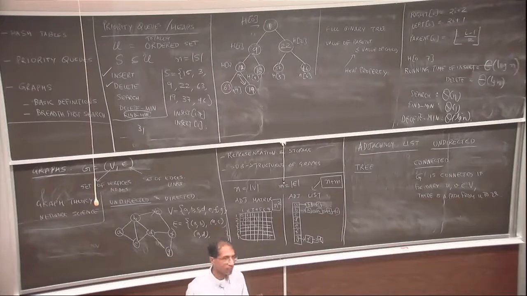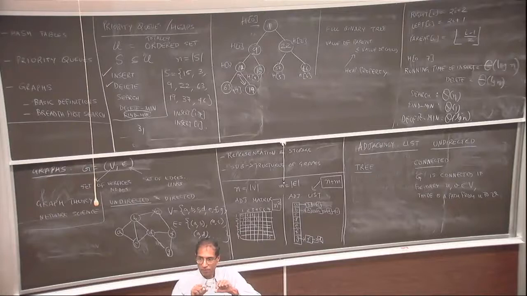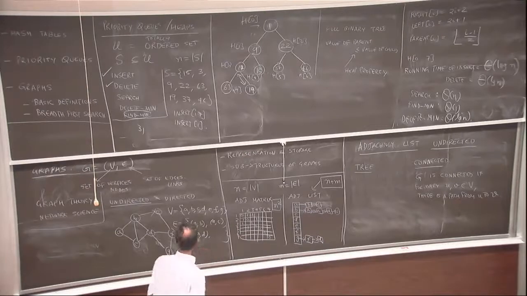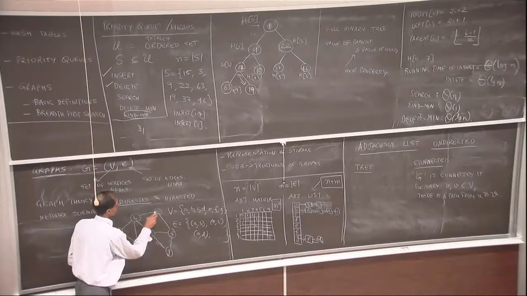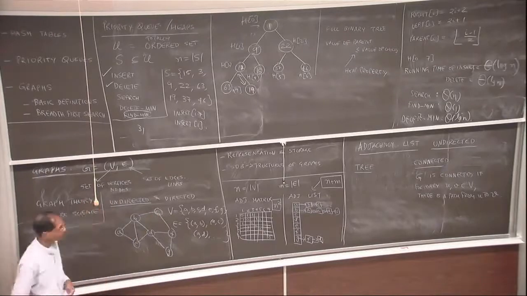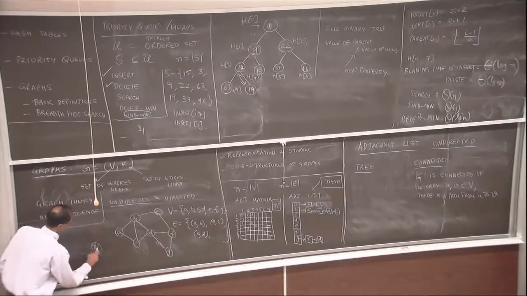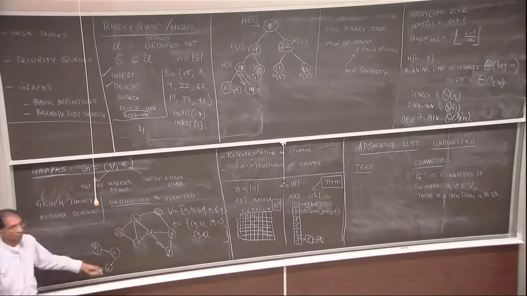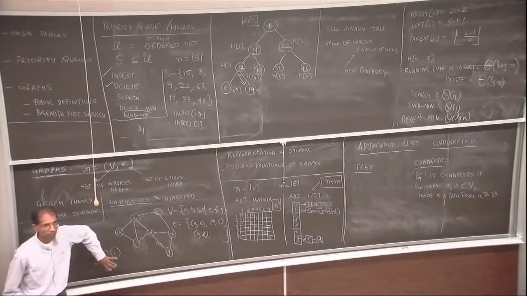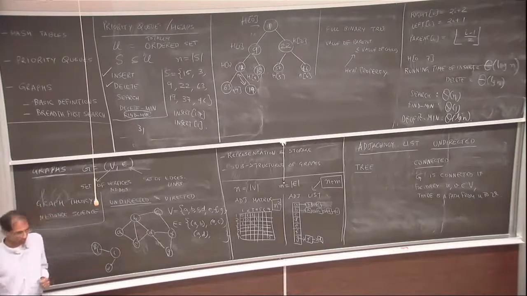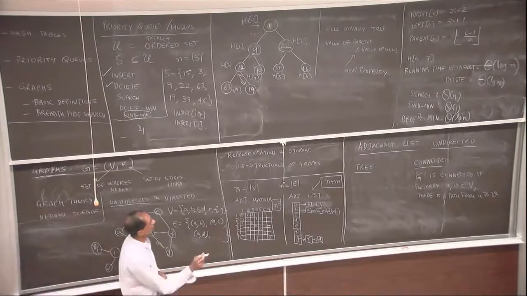And connected really means a path. It does not mean that they have to be right next to each other. So this is an example of a connected graph. But if I had something like these added to them, then this whole graph is not connected. It has two connected components.